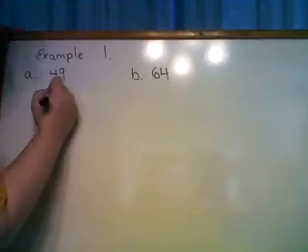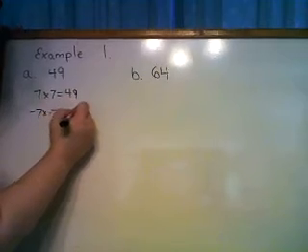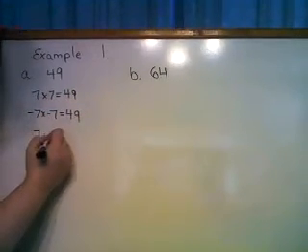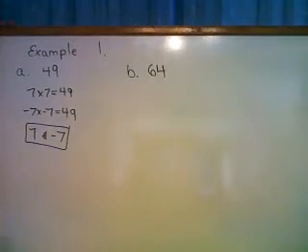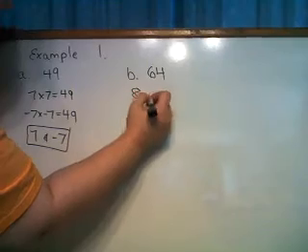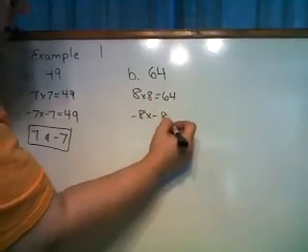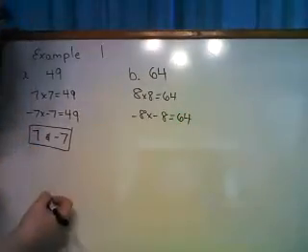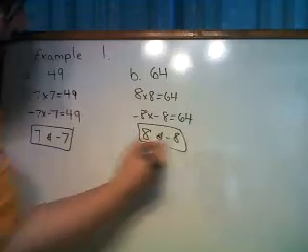Since 7 times 7 is 49 and negative 7 times negative 7 is 49, its roots are 7 and negative 7. Okay? So 64, what times what gives you 64? Well, 8 times 8 is 64, and so is negative 8 times negative 8. So these roots are 8 and negative 8.